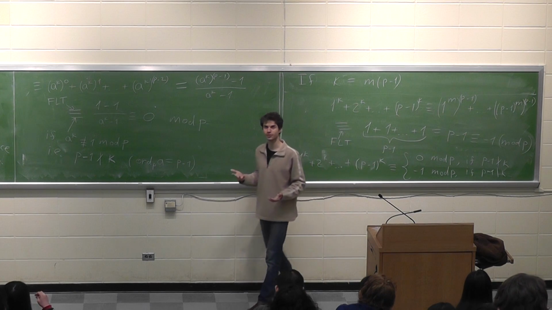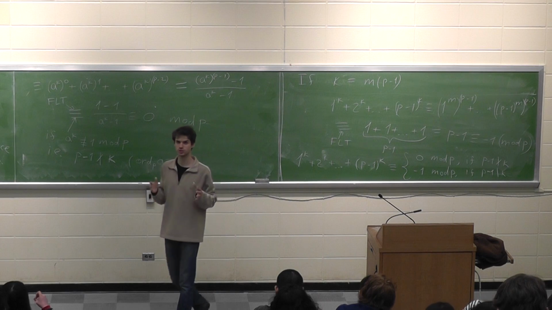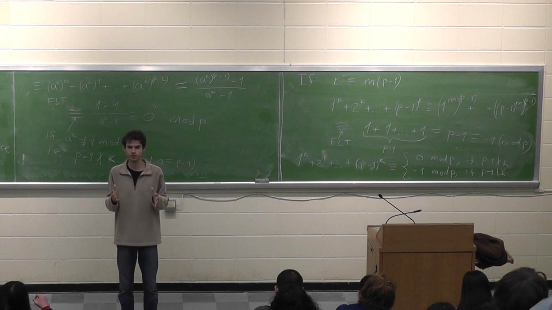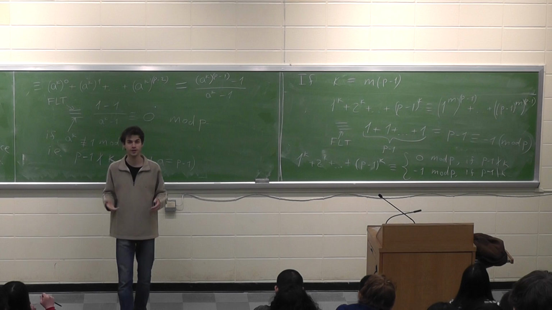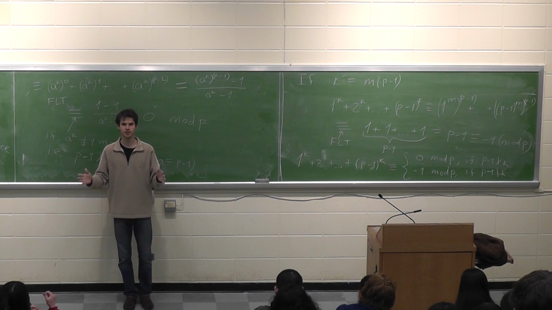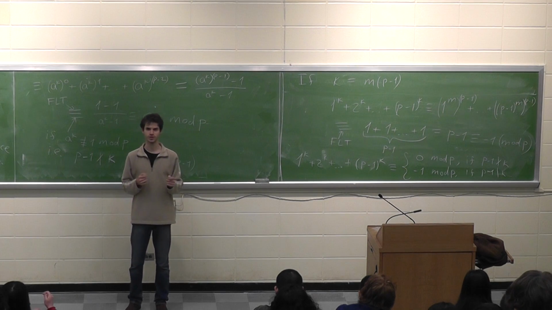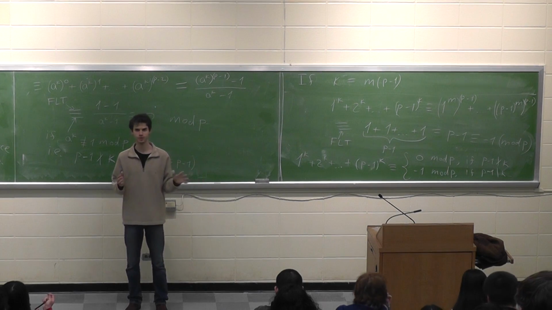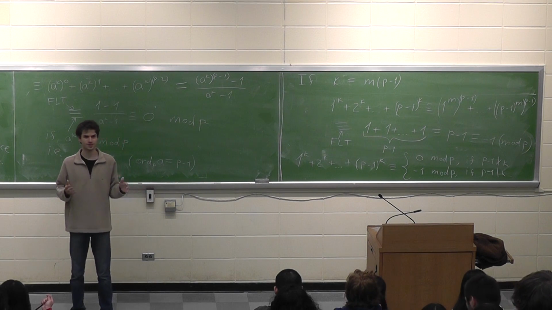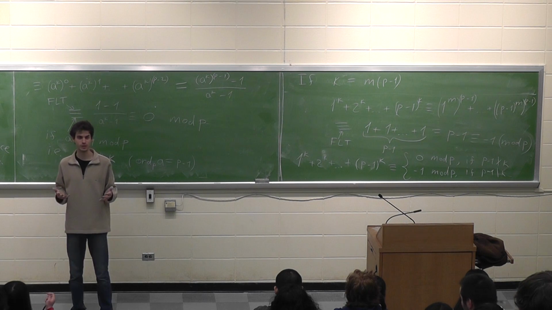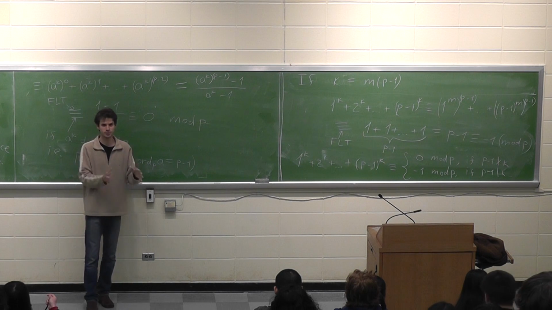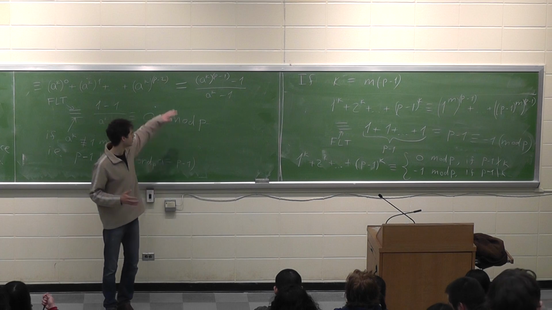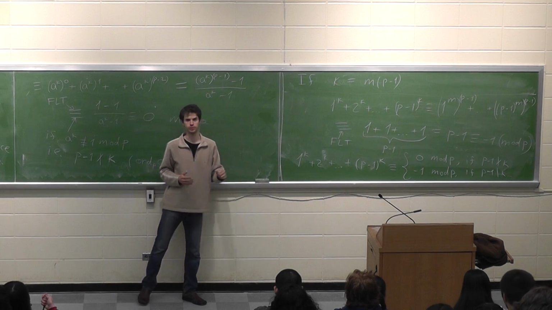Even though the theorem that we proved, the existence of a primitive element, is not constructive, I didn't tell you a recipe how to take a modulus p and find the primitive element. I didn't tell you that the order of the element 2 is always p minus 1. No, not at all. But sometimes it just doesn't matter. Sometimes all we want is that there is some element of order p minus 1 and it will be sufficient to solve a problem.